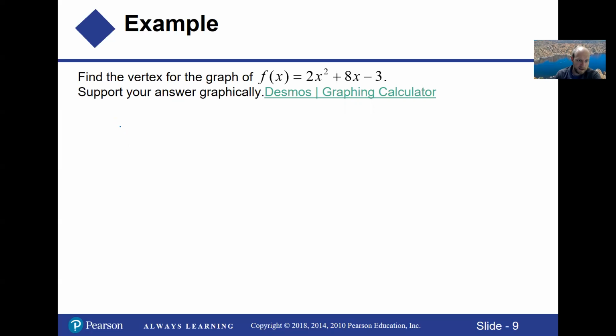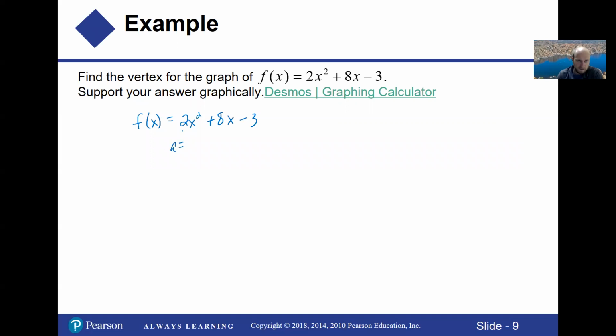So the first thing is we need to find the x value of this parabola. Again, how do I know it's a parabola? Because my highest degree is 2. We have an x squared term, and there are no other higher terms in there. Automatically, it's a quadratic or a parabola.